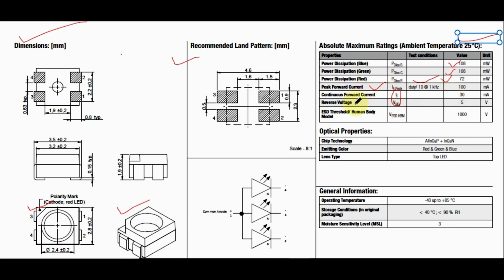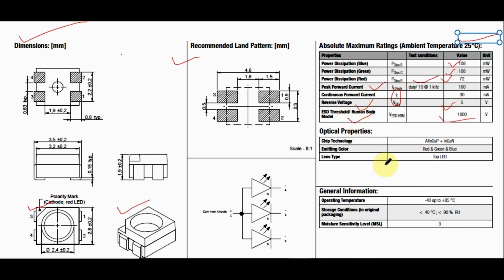This is reverse voltage. Reverse voltage is 5 volt. When your LED is in off condition, there should not be more than 5 volt across its anode and cathode. This is ESD for the human body model, which is 1 kV.